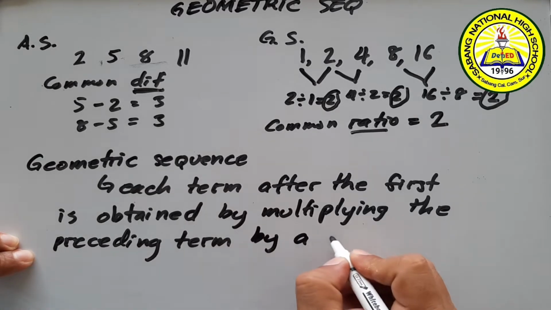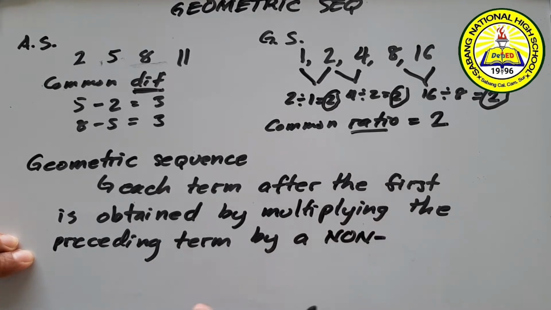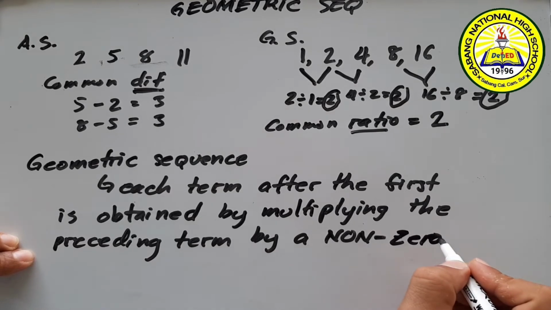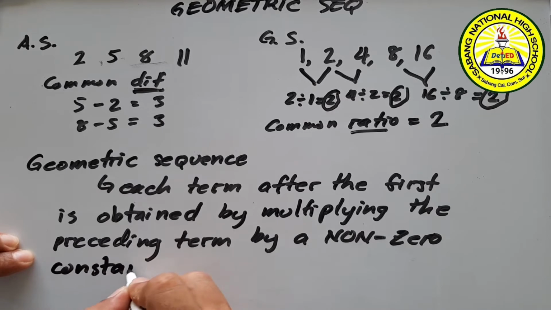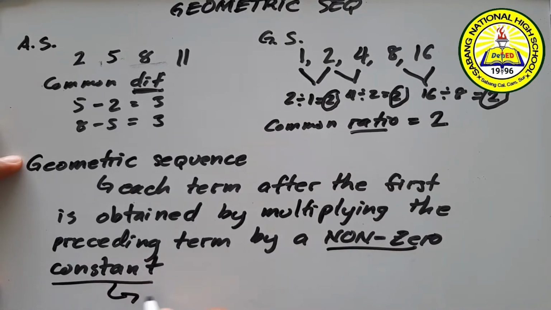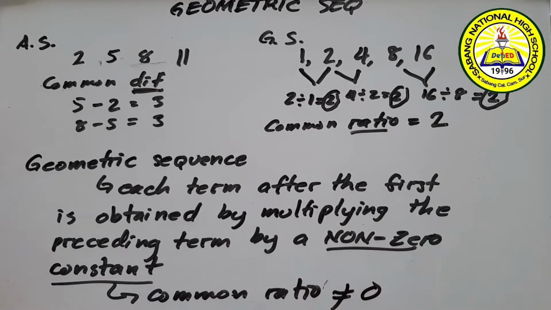I would like to stress this one: non-zero constant. Remember that this non-zero constant is what we call the common ratio. Therefore, a common ratio cannot be equal to 0.